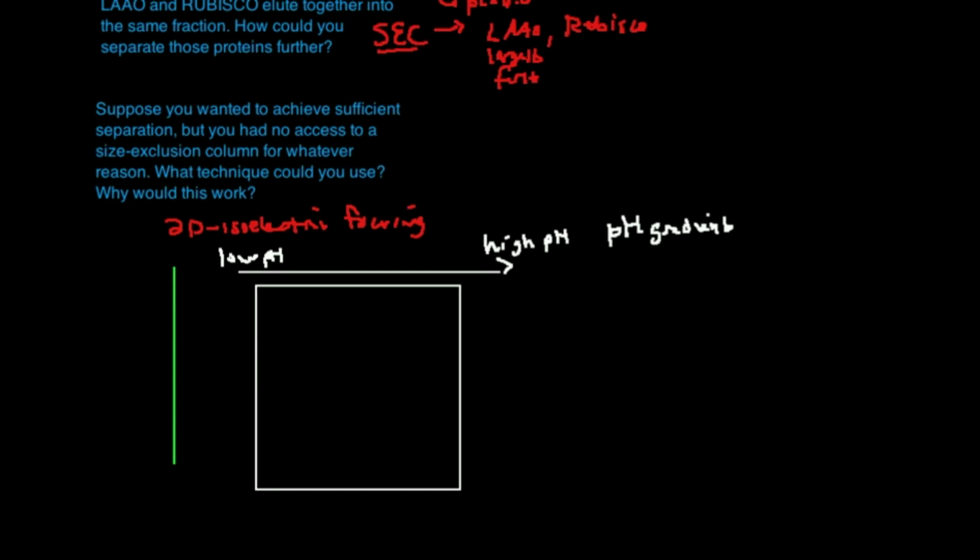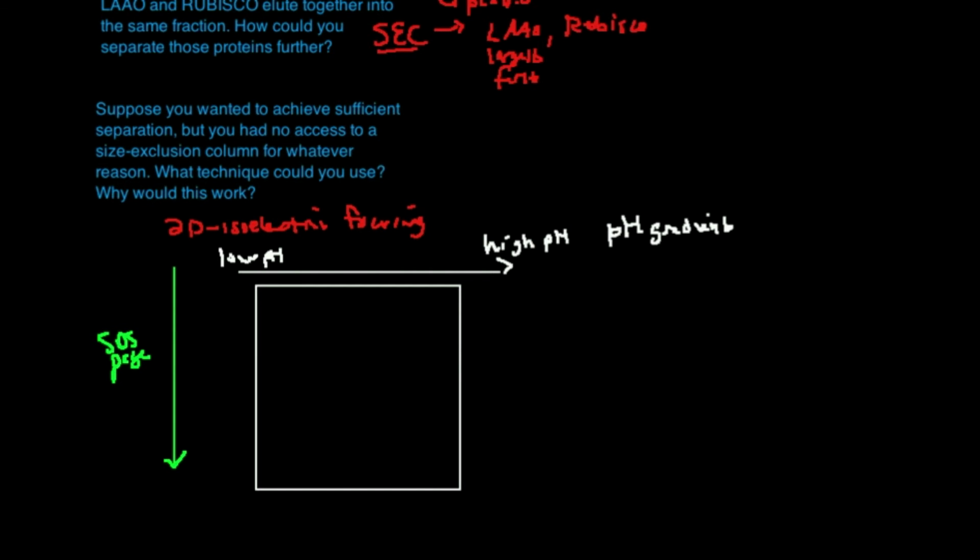if I look at it this way, if I go in this direction like this, I can actually run an SDS page in this direction. Okay? So, in other words, left to right, because of the pH gradient, they'll separate based on isoelectric point, but going downwards, they'll migrate based on their molecular sizes.